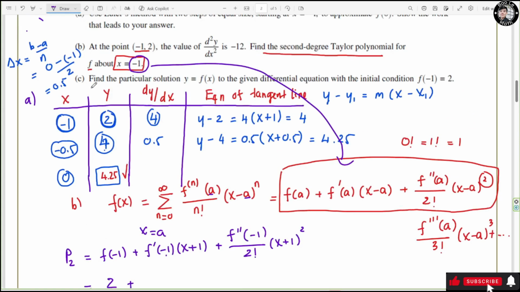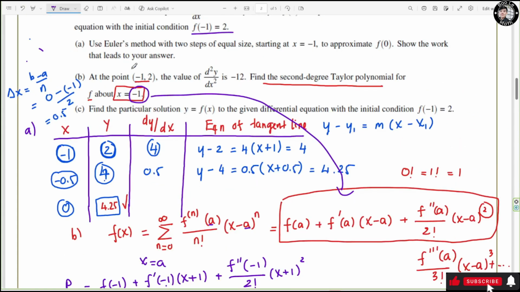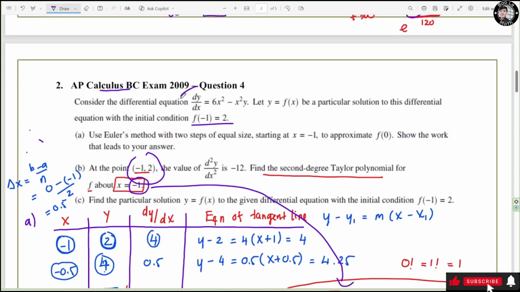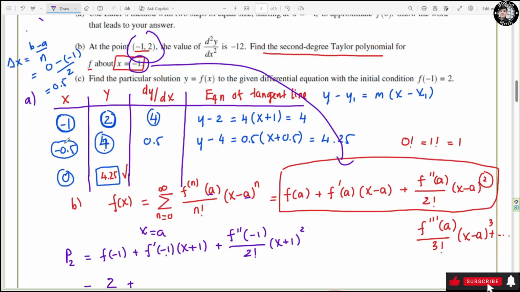We're going to use the ordered pair right here, right? So we substitute this guy into this equation right here, right? But we already calculated it, it's actually 4 right here, right? So we have 4 times x plus 1, right? Plus f double prime of -1, right? It's going to be right here, -12. -12 divided by 2 factorial, which is 2 times 1, right?